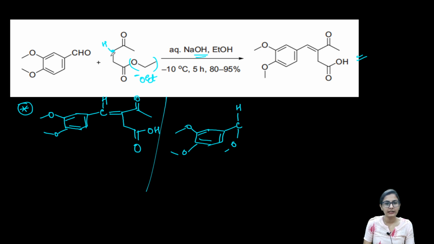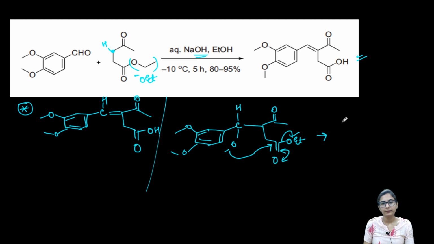This proton would be taken up, there is a negative charge over here, the enolate attacks this carbon, right? And then you have the double bond O, OEt. So O minus is going to attack this carbon, the bond opens up, falls back, and the ethoxide gets removed.